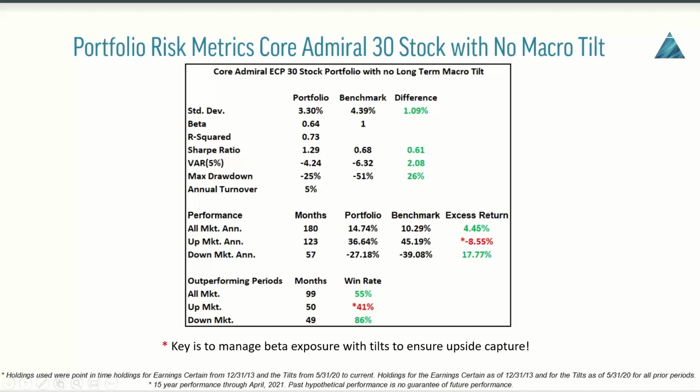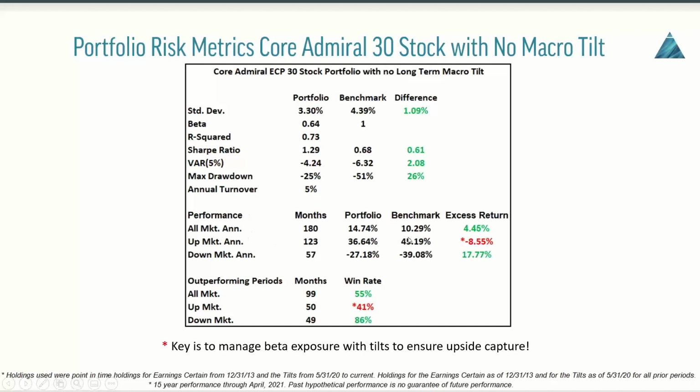These are big numbers. So a beta of 0.64. Very, very defensive on the downside. Value at risk, only 4.25 versus the benchmark at about 6 1/3. Max drawdown, less than half of the S&P 500. And again, that really low annual turnover.